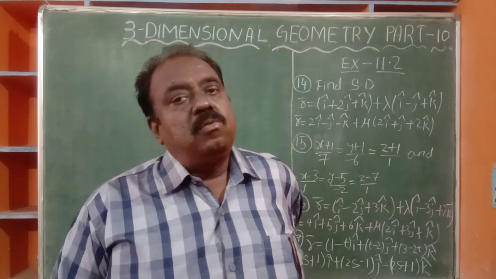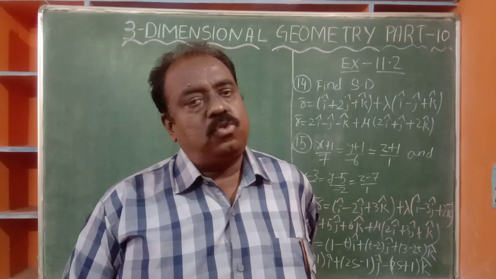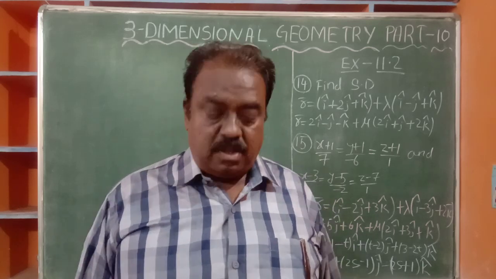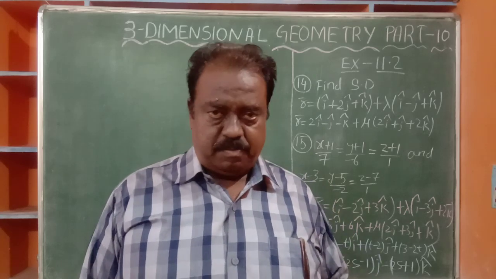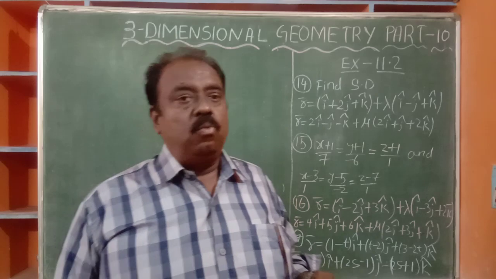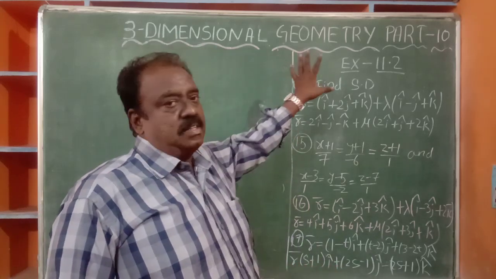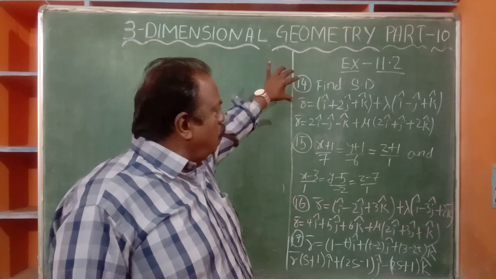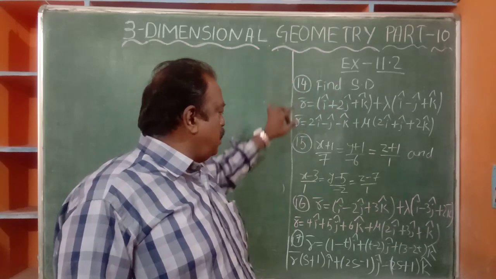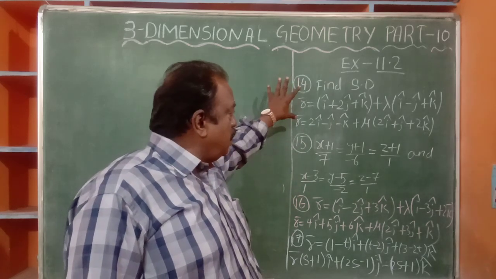We are now in the concept of finding the shortest distance between two skew lines. Already in the previous video, I solved one example problem by using that formula. Now we are going to solve the problems related to exercise 11.2, only those concept problems: 14, 15, 16, 17. 14 is also over.